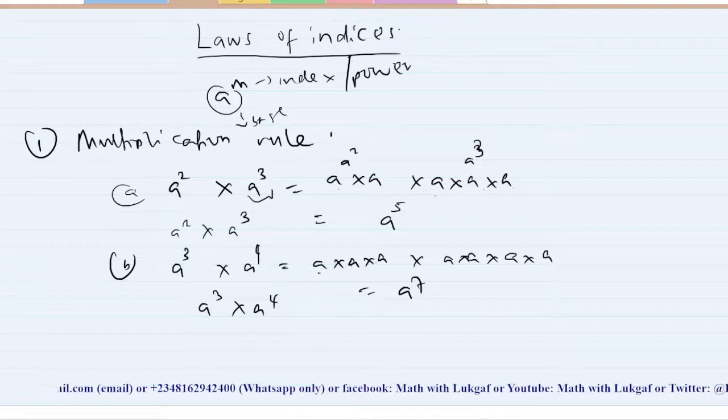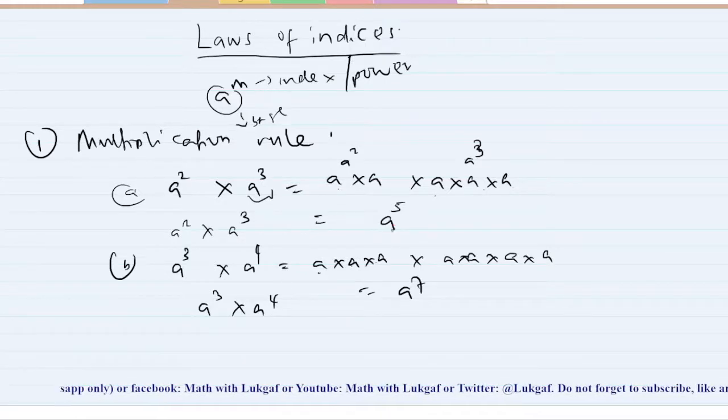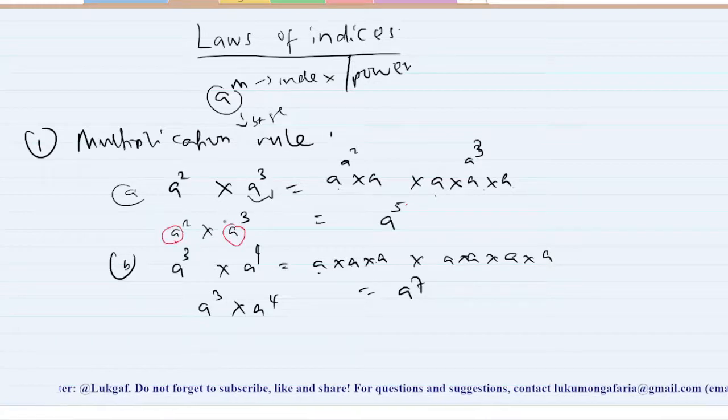In the first example, a raised power 2 multiplied by a raised power 3, I have a raised power 5. I have the same base, different power, but when I multiply, it is as if I'm adding these two indices together. So the index of this plus the index of this. That's why I have a raised power 5.